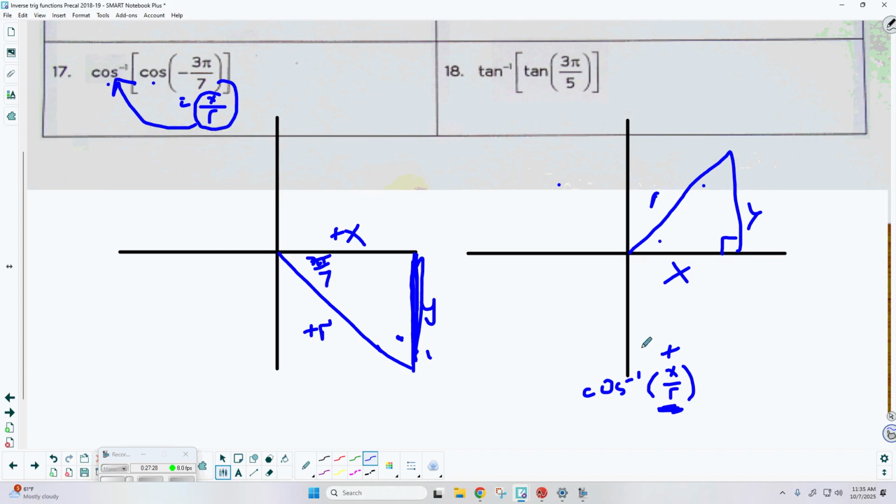So what would be right here? Remember, if these two triangles are the same, and 3 pi over 7 is across from y, then what would go right here? 3 pi over 7. Let's go ahead and write that down. Okay. 3 pi over 7.